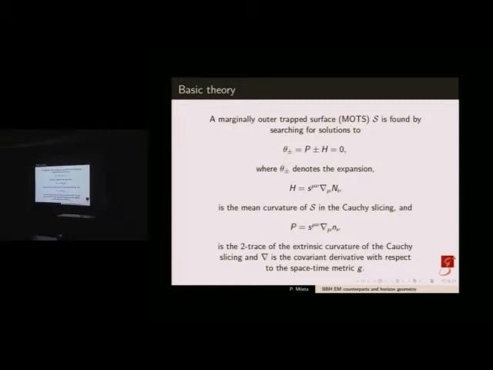So the slicing is what we typically do in numerical relativity, for those who are not familiar with this. We decompose our 4-dimensional space-time into a 3-dimensional space-like part, and then we separate the time evolution into a slicing of these spatial parts.